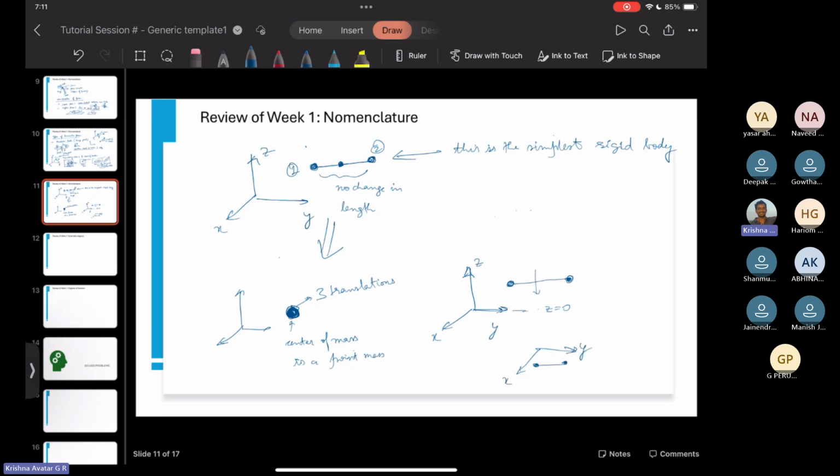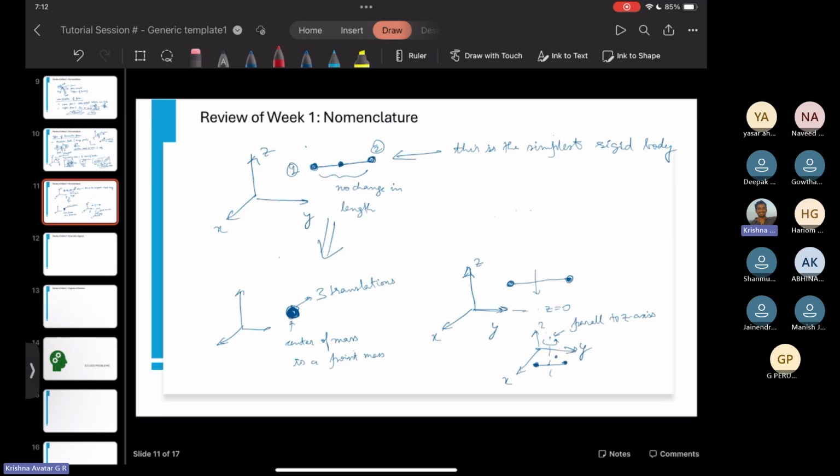Now let's define some axis passing through the midpoint of these 2 points and parallel to the Z axis. So this axis here is parallel to the Z axis. Now we can keep the center fixed, not move the center, and then rotate it about this axis in such a way that this point goes here.